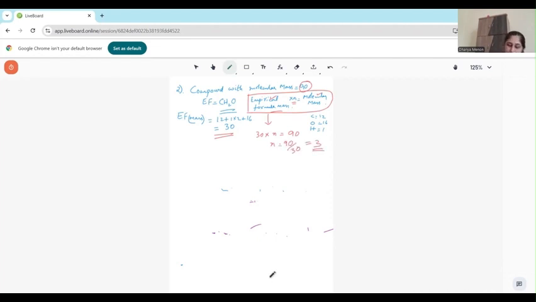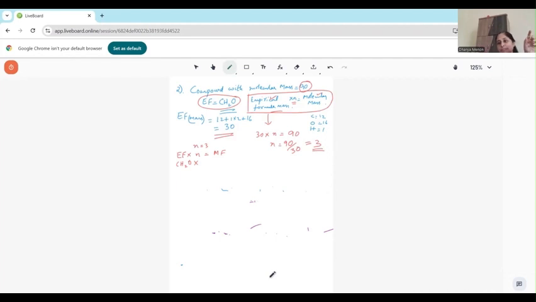Now we have another formula with us. Empirical formula times N is equal to molecular formula. So what's the empirical formula that's given to you? CH2O times, as I told you, the empirical formula is the simplest whole number ratio, right?